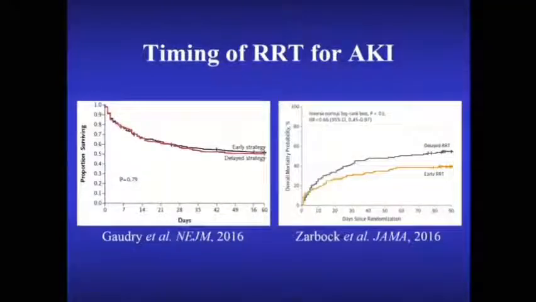And then, finally, there's this notion, when do you start dialysis in patients with acute kidney injury? And there's been this debate forever about are there benefits to early start, getting on top of this and removing uremic toxins and fluid and preventing morbidity and mortality, perhaps, or do you wait till there's an acute indication, till somebody has dangerously high hyperkalemia or metabolic acidosis, with the notion that maybe you're sparing some of the patients the procedure by waiting.